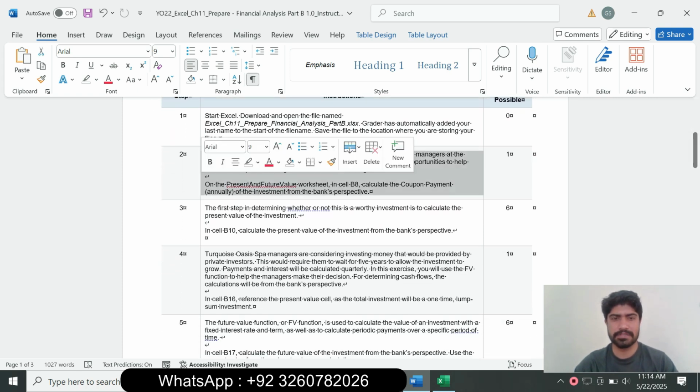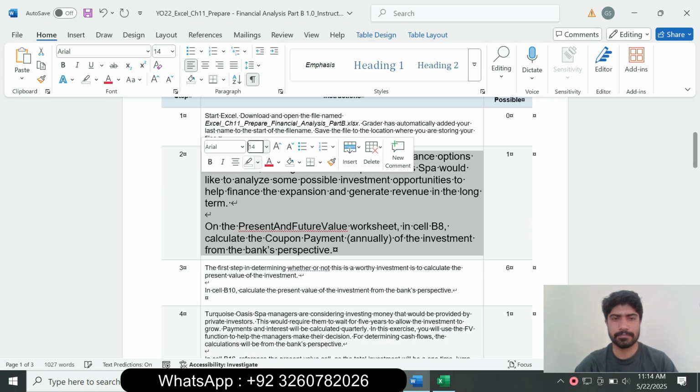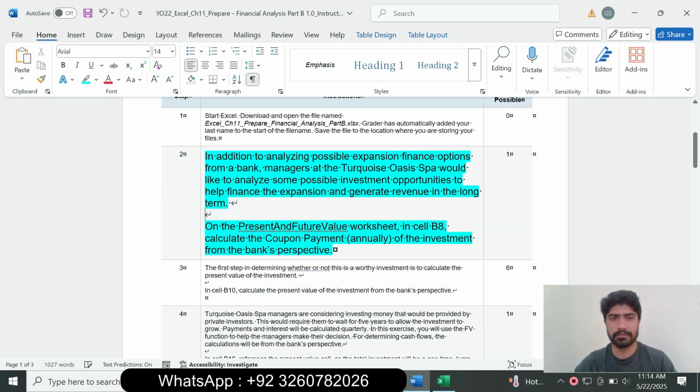Question number two is: on the present and future value worksheet, in cell B8, calculate the coupon payments of the investment from the bank perspective.